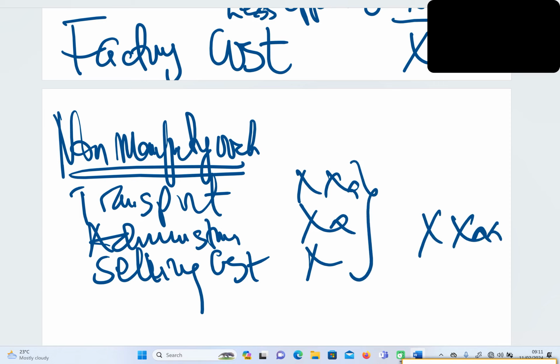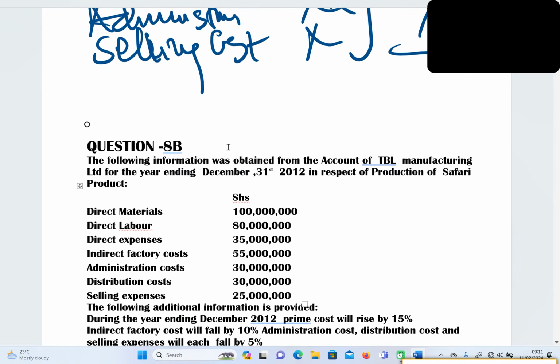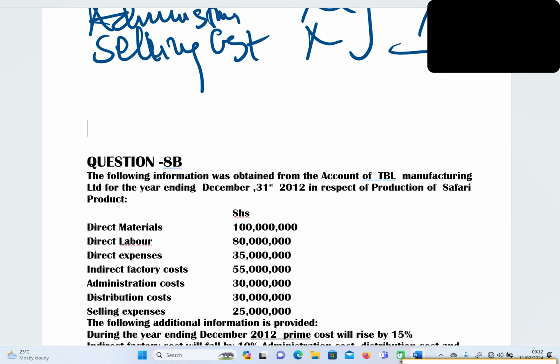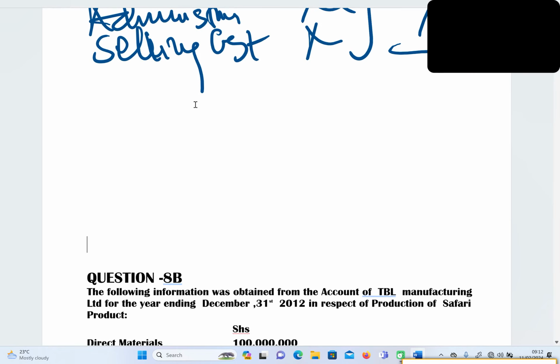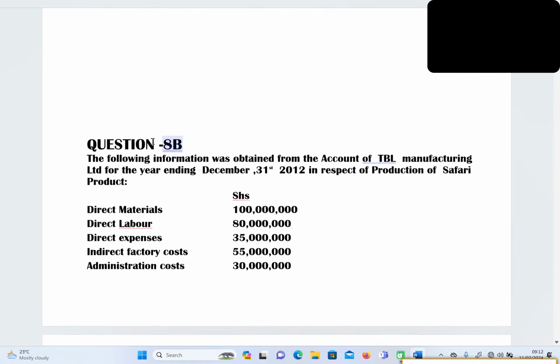Adding here, we have total cost. So the total cost works in here, all the costs of the products.